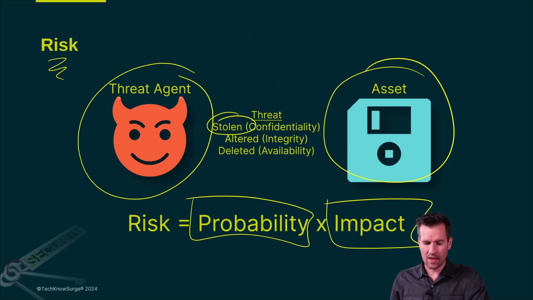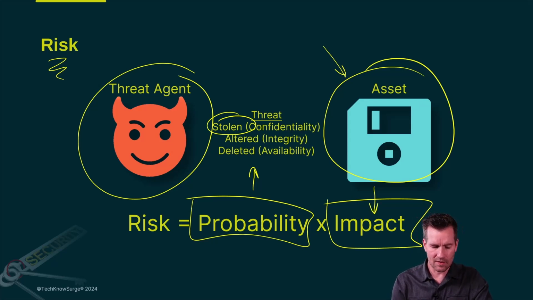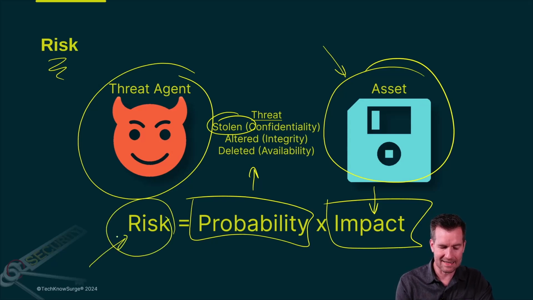Maybe we're not so secure in holding this asset, so the probability is pretty high, but maybe the impact is low. Maybe it's just some data that doesn't really matter all that much. That plays into what the risk of this happening is. Or if the probability is high and the impact is high, then our risk suddenly goes up.